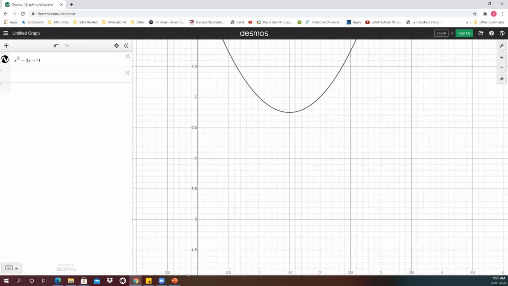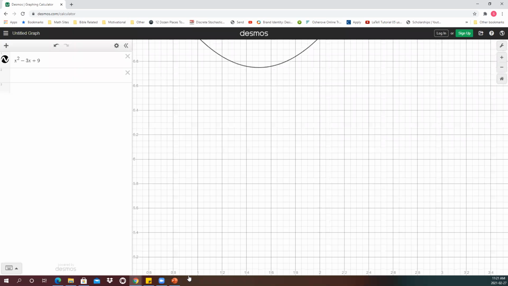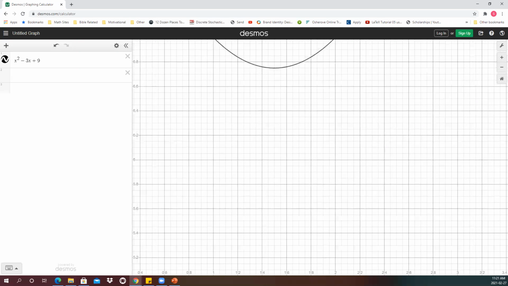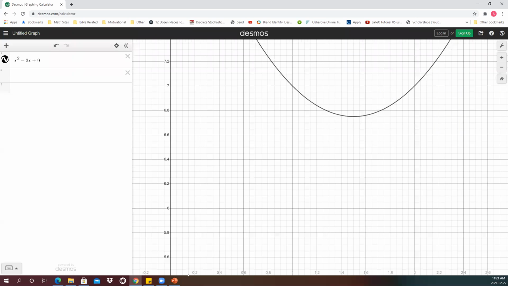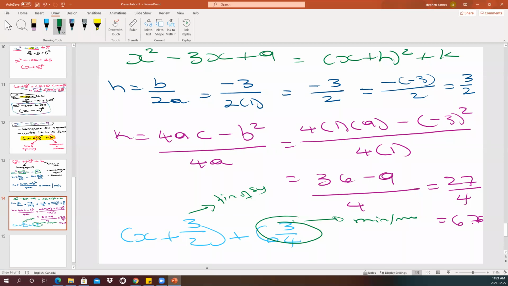So you're not seeing the entire graph, because I'm maximizing it so that the scale changes. So this is the bottom of the graph right here, and if you look right here, that's 6.75. You see that? So that value there is 6 3/4, which is the same thing that we calculated right here, for our minimum or maximum value.